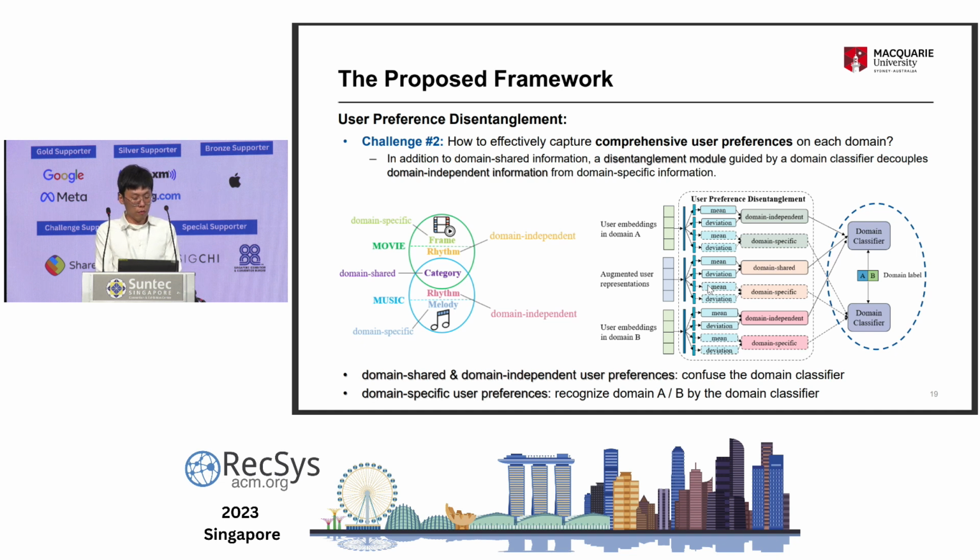For domain shared and domain independent user preferences, we try to use them to confuse our domain classifier, while for our domain specific user preferences, we believe that it will be easy to recognize the domain label by only feeding this kind of user preferences into the domain classifier.